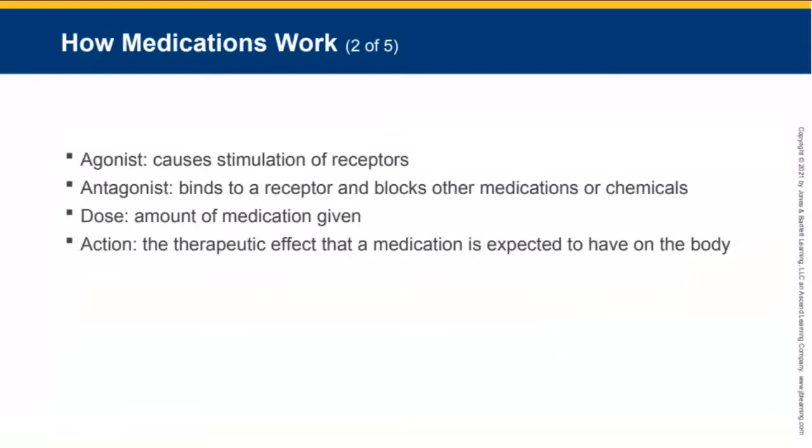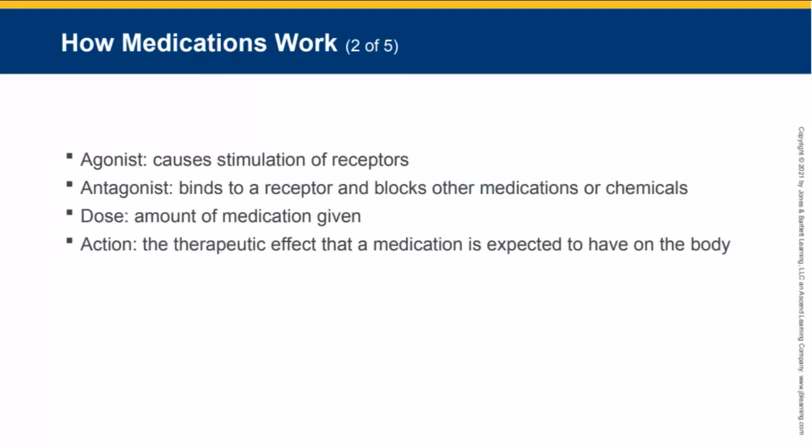The cumulative effects of this would be an increase in blood pressure. Now, an antagonist would be like a beta blocker. So it occupies these beta receptors and lowers the blood pressure.